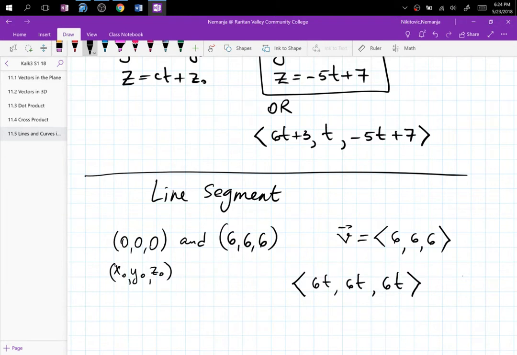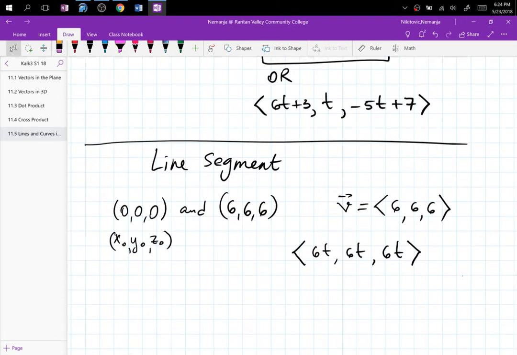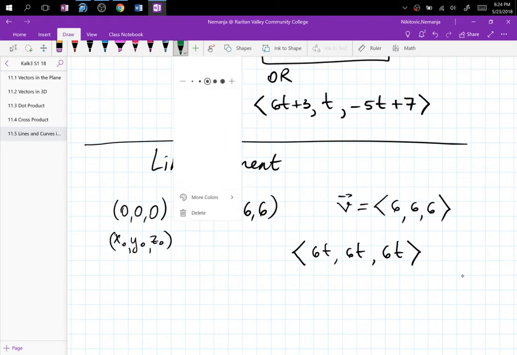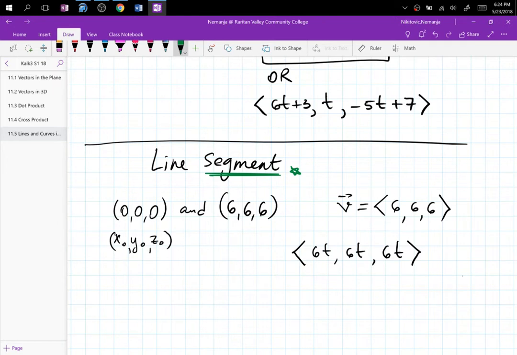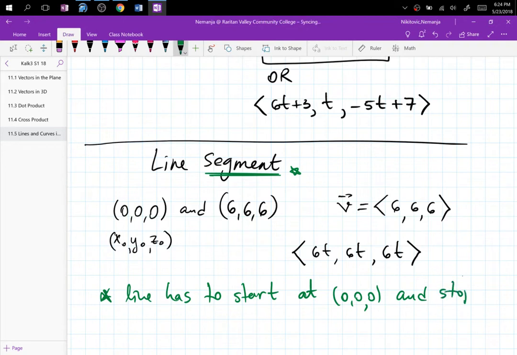But now, what is the meaning? Let me actually color code this. Let's use green for the word segment. The line has to start at 0, 0, 0 and stop at 6, 6, 6.